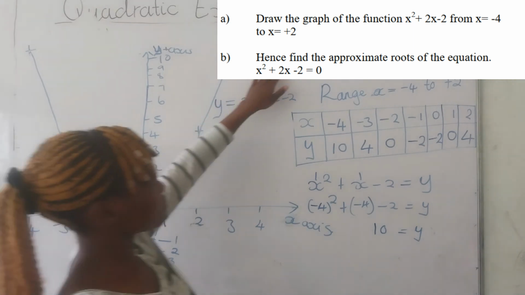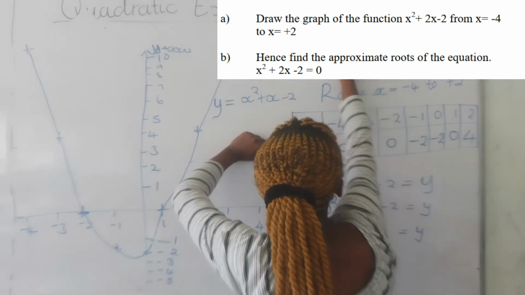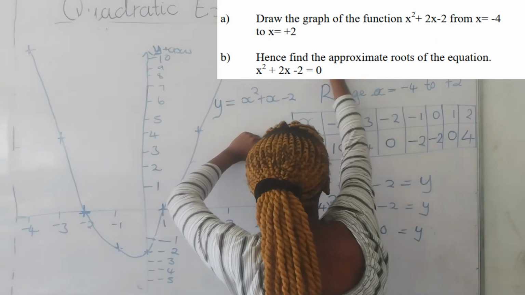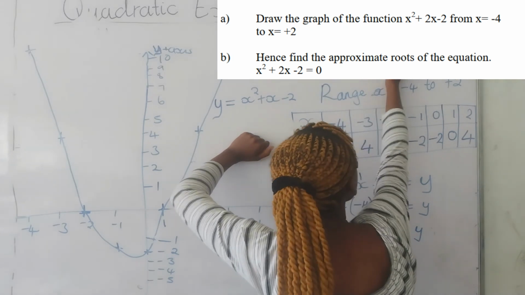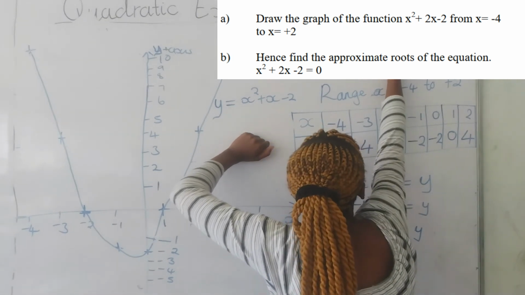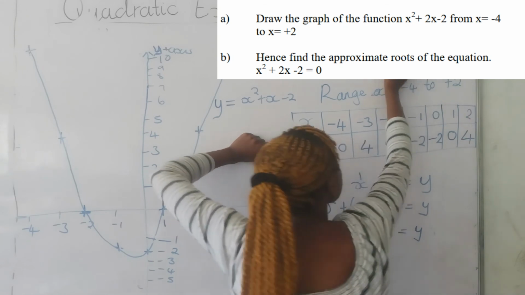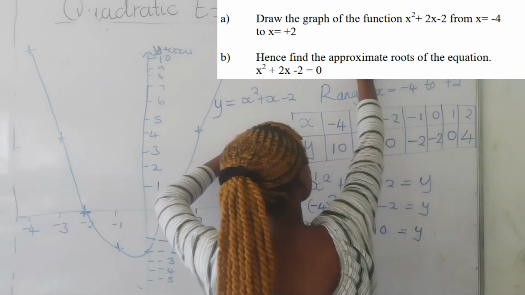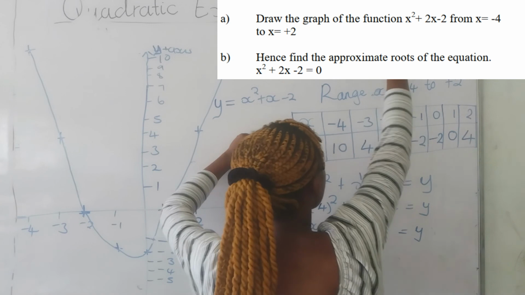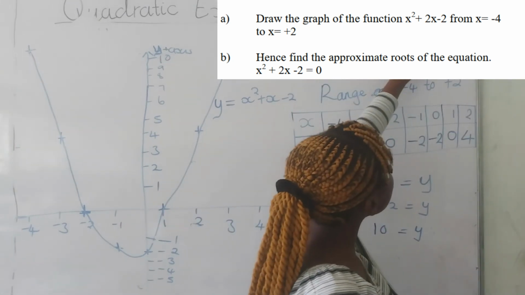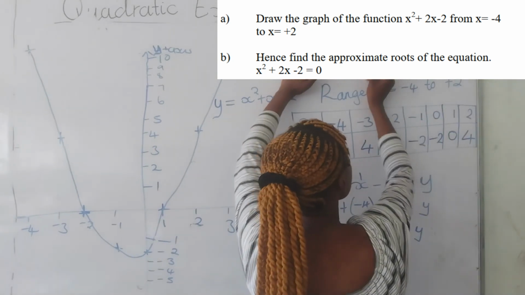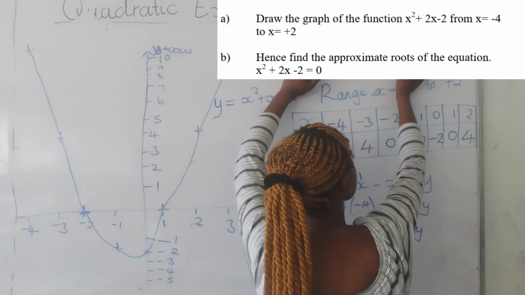Okay, so if it's written like this, these are our x values, and this is equal to our y value. This is where our y would be and this is where our x's would be. So if you know that our y here is equal to 0, for this equation our y is equal to 0.